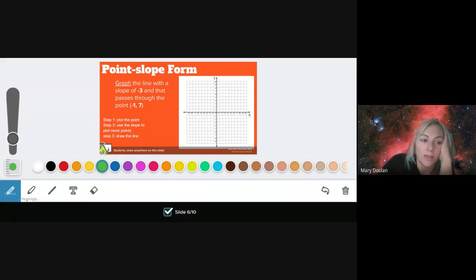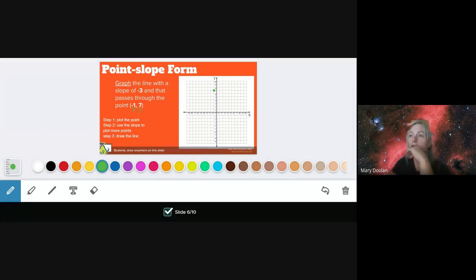Remember that when you have a point, the first number is your x value, and the second number is your y value, which means when I want to plot this, I need to first go to -1 on the x-axis, and then I'm going to go to +7 on the y-axis. So my first point needs to be right here.